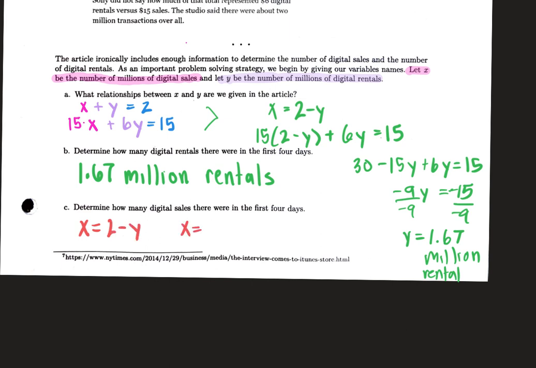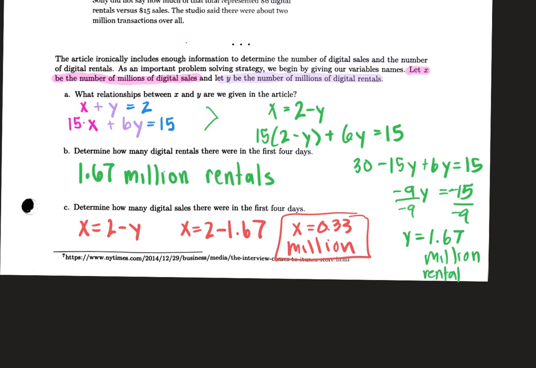So x equals 2 minus 1.67, and that would be 0.33 million. So 0.33 million digital sales, and that gives us both pieces. Now I know I went through that kind of fast, and you're more than welcome to pause it, but I'm going to go over how we actually solve each one of those soon.